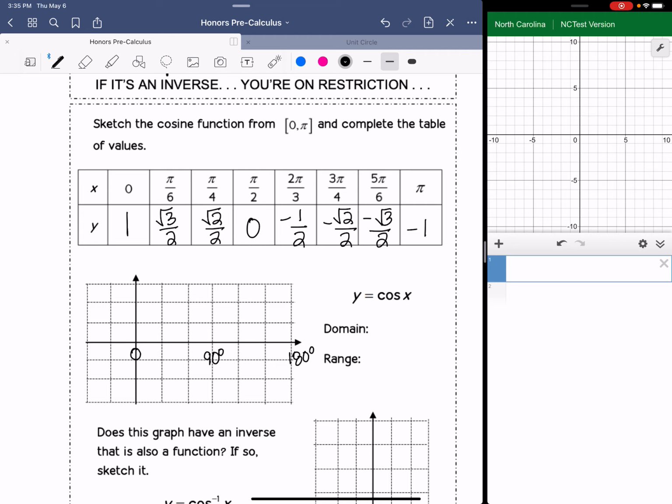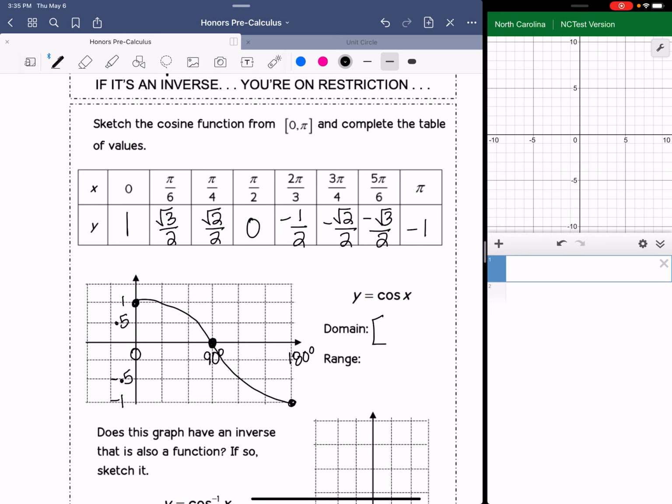Again, we didn't go higher than 1, so we have positive 0.5 and 1, negative 0.5 and negative 1. At 0, I have 1. Then at 90 degrees, it's going to be 0. And then at 180, it's going to be negative 1. So we have this graph for our cosine.